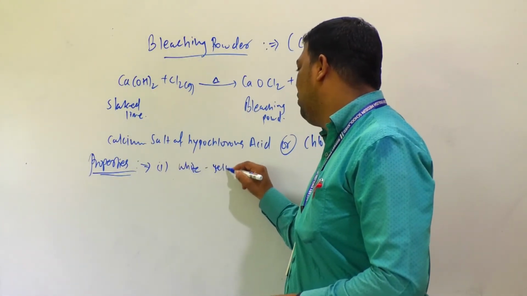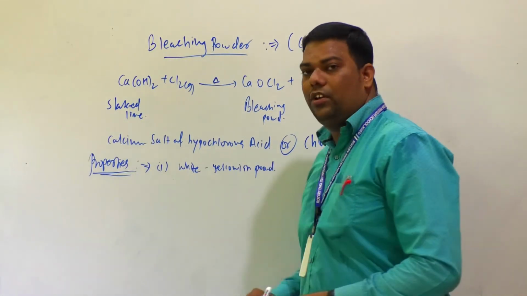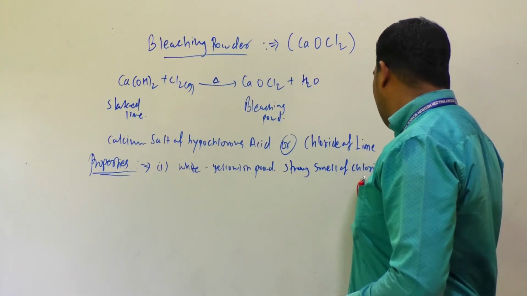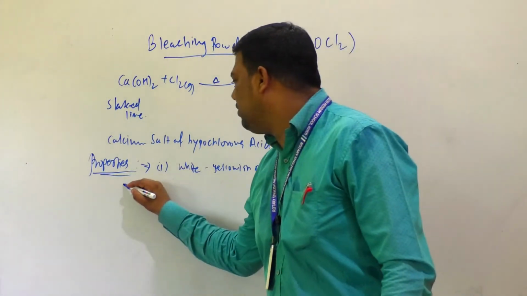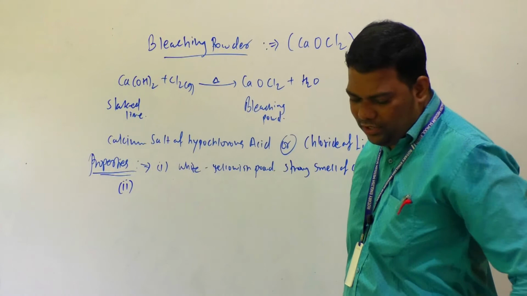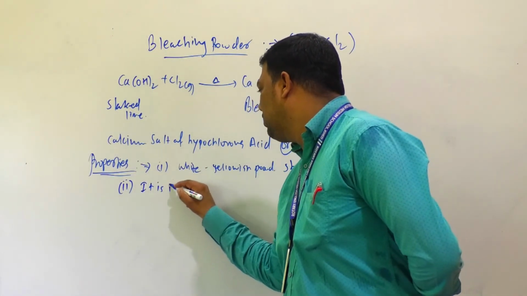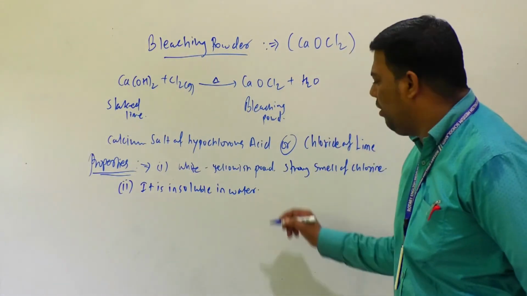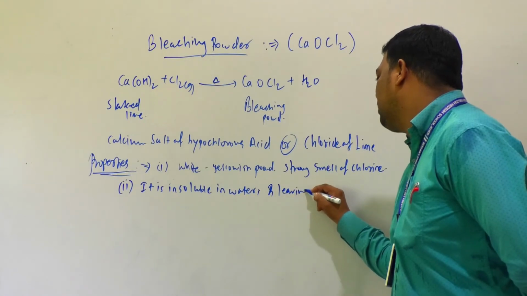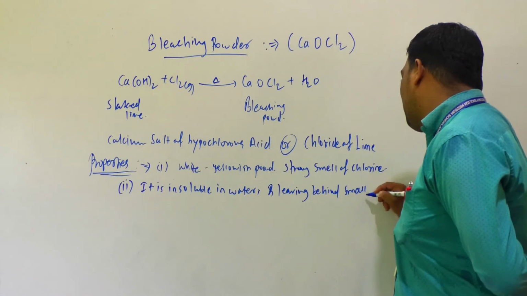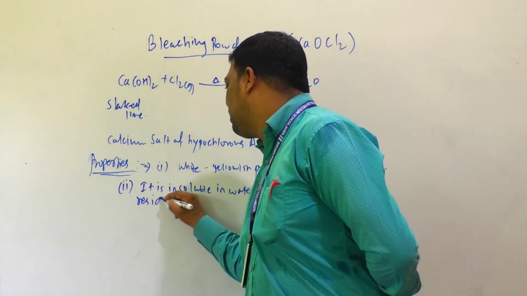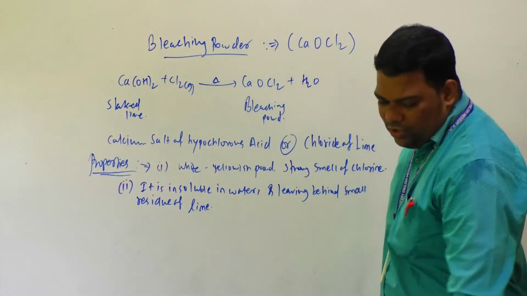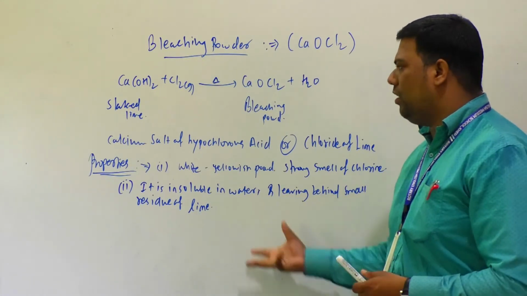Second, it is insoluble in water, leaving behind a small residue of lime. That lime we can call CaO, quick lime.